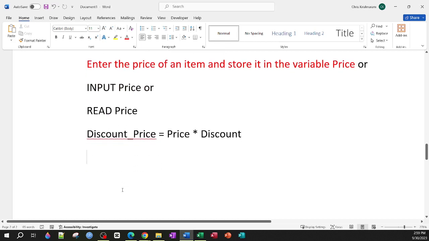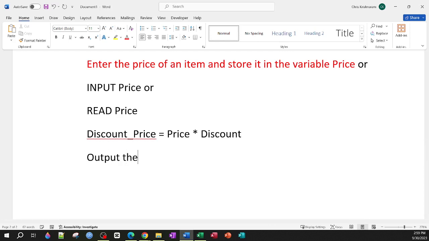Now, you want to see that on the screen. You could type the instruction output or display the value in the variable discount price. Remember, we learned about how to create an algorithm. And in an algorithm, each step tells you what to do.